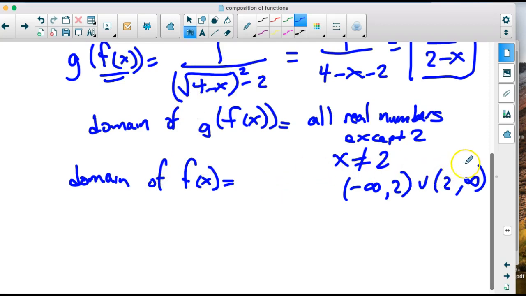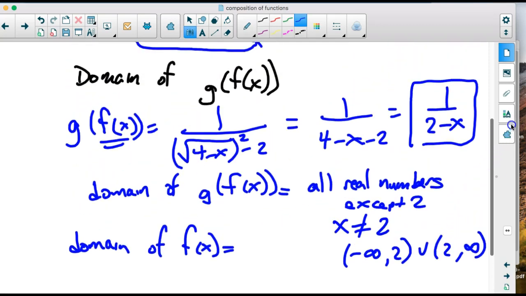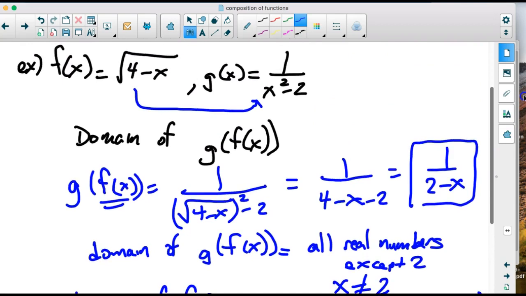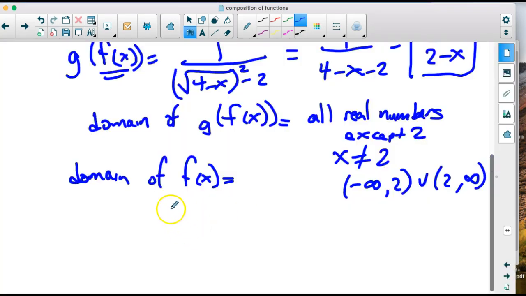In the domain of f of x, it's a square root, so that has to be greater than or equal to 0. So 4 minus x has to be greater than or equal to 0, or we can't take the square root of it. If we then move the x over, we get 4 is greater than or equal to x. That means x is less than or equal to 4.